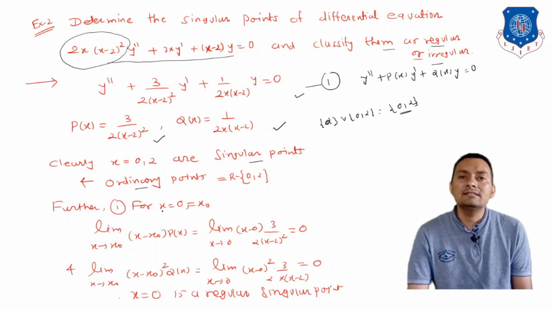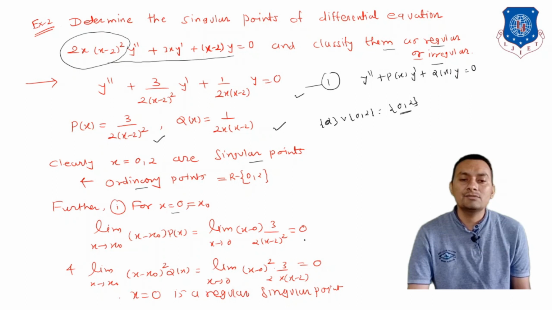Now the singular points, we have to classify them: is it a regular or irregular singular point? So let us first take the case x equal to 0, that is our x0. Let us start with limit x tends to x0 of x minus x0 times p of x, but here x0 is 0, so x minus 0 times 3 divided by 2 times x minus 2 squared.